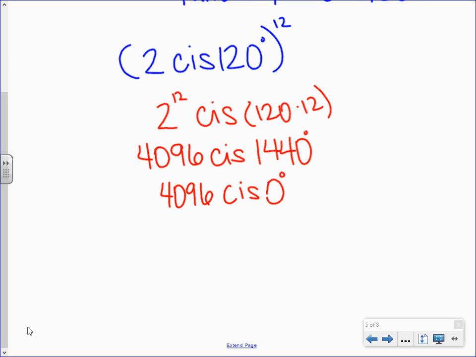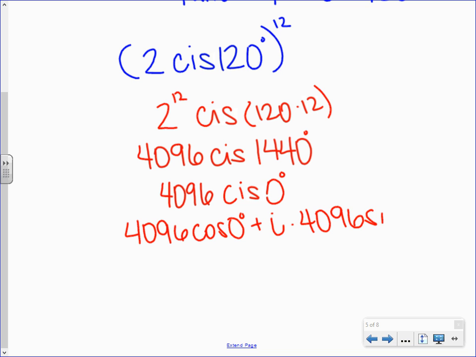If I give you an operation to do, either I'm going to ask you for a specific form or you're just going to give it to me in the same form that it was in the first place. So that's not a big deal. This just means 4,096 cosine of 0 plus i times 4,096 sine of 0.